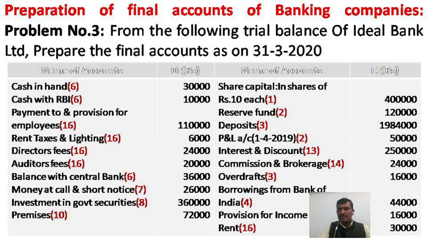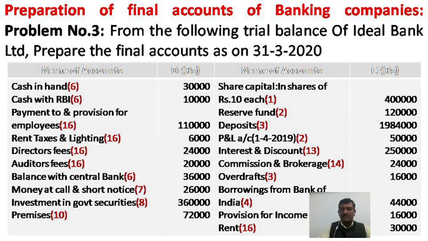Commission and brokerage is an item of schedule number 14 because this is other income. Overdrafts is adjusted to the deposits, as usually a current account holder has the facility of overdrafts, so this overdraft is adjusted to the deposits. Then borrowings from Bank of India is clearly a borrowing, so it is taken to schedule number 4. Provision for income tax is taken to schedule number 5.